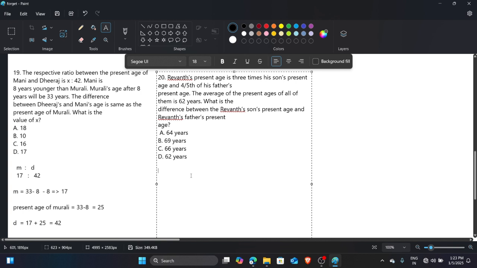Okay. So Revant's present age is three times his son's present age.